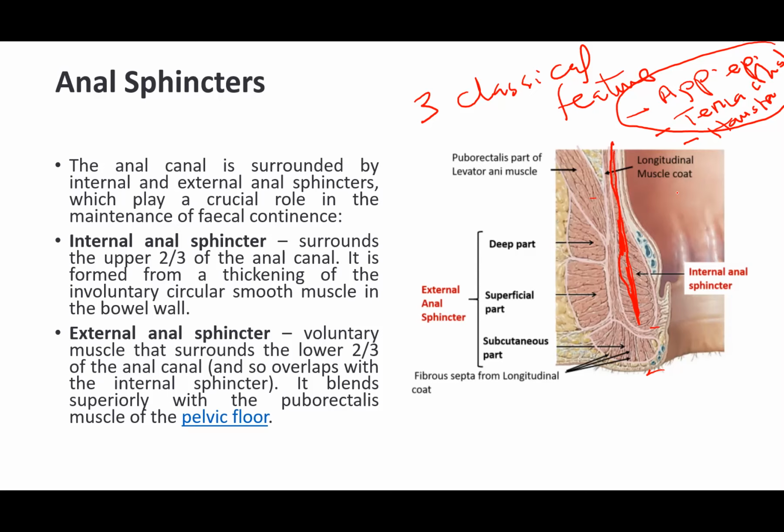Now you should know the external sphincter is voluntary and it has three parts: the subcutaneous part, the superficial and the deep parts. Don't forget it has three parts: subcutaneous, superficial, and deep portion.